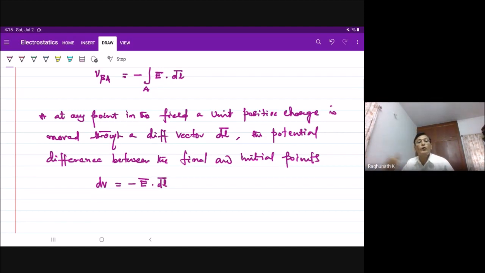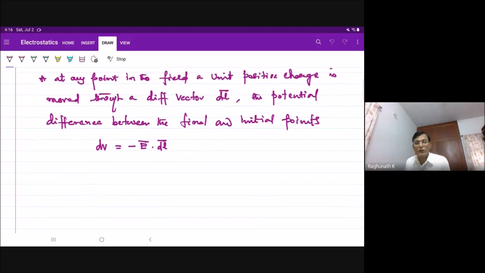From A to B, if you move, total potential difference is minus integral E bar dot dl bar. To be remembered for the sake of gradient of potential later on. dV is equal to minus E bar dot dl bar.